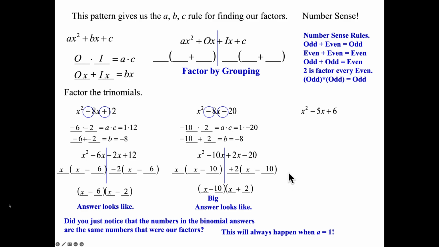So here's how that will work. It's a plus 6. Okay, my signs have to be the same. My middle term is a minus. That means both signs are minus, minus. Okay, here we go. Read it backwards, because again, there's a 1 in front of your x squared. What two numbers multiply to be 6 and add up to be a 5? 3 and 2.